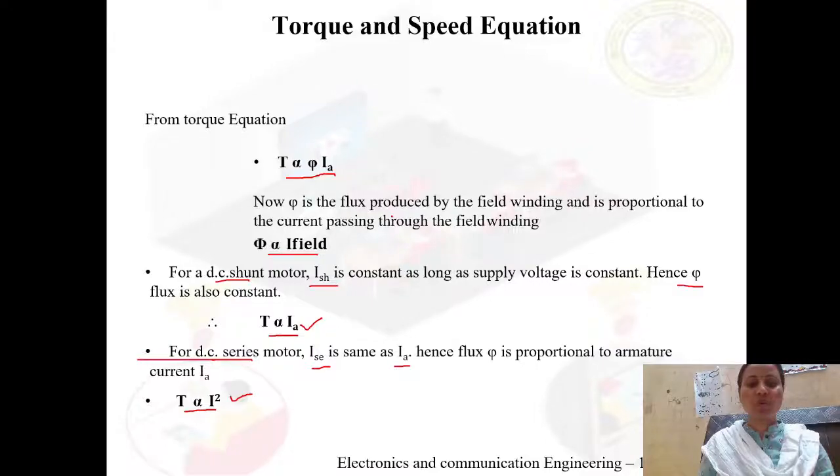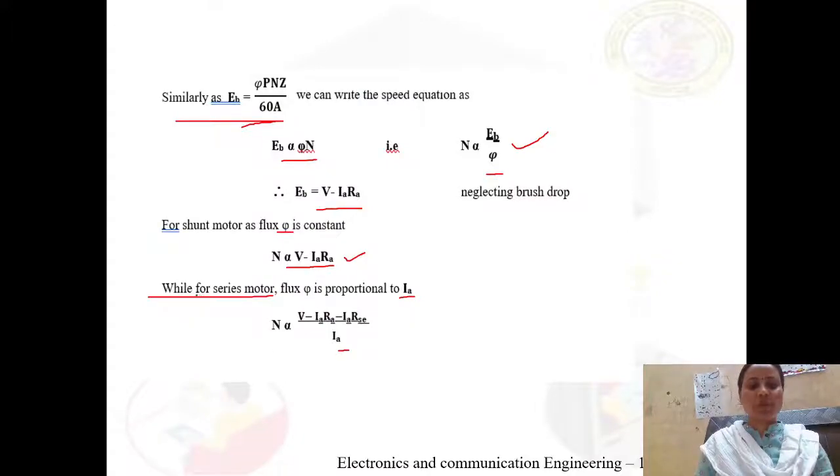I repeat one more time. The torque is proportional with armature current in case of shunt motor. Torque is proportional with square of armature current in case of series motor. Speed is equal to back EMF by flux. In case of shunt motor, speed is proportional with V minus Ia into Ra.